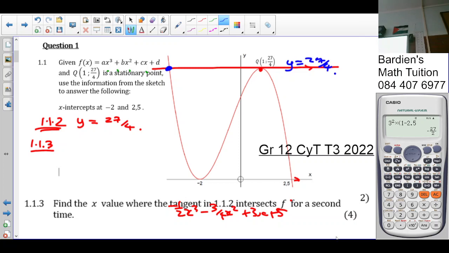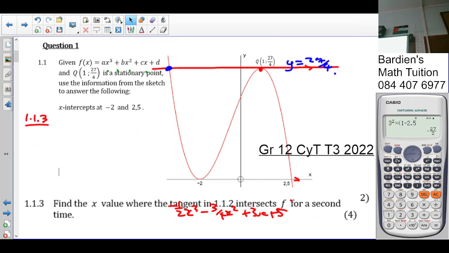So what we do is we say y is equal to 27/4. We're setting it equal to each other, equating the equations: it's equal to the equation of your cubic function.